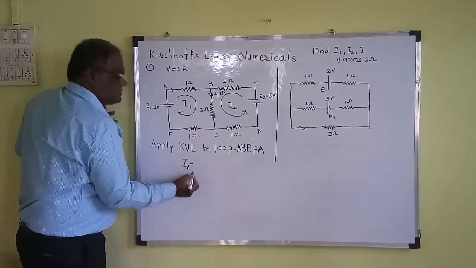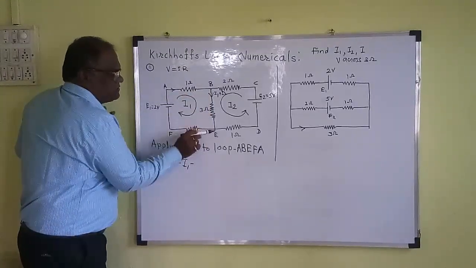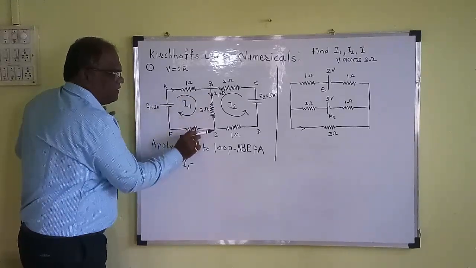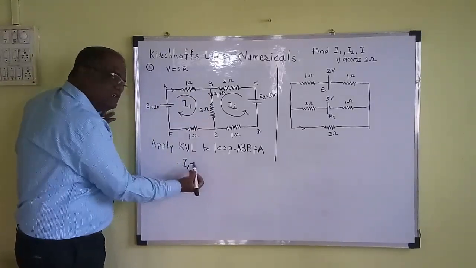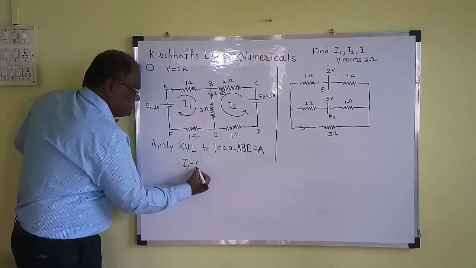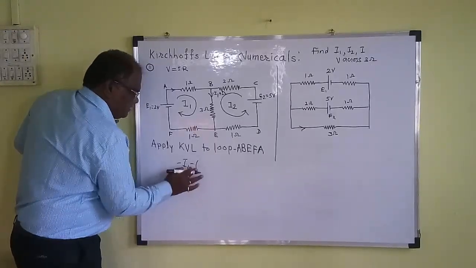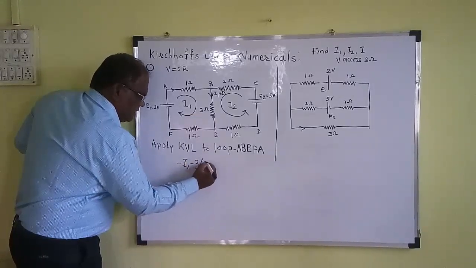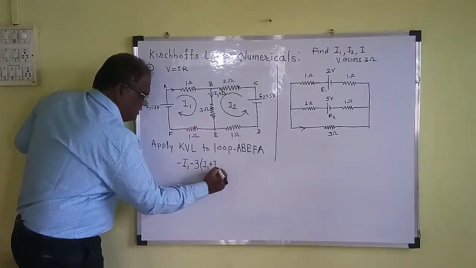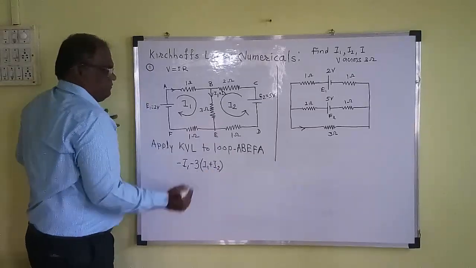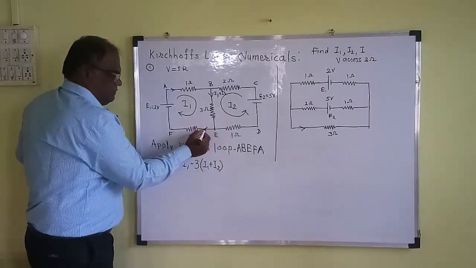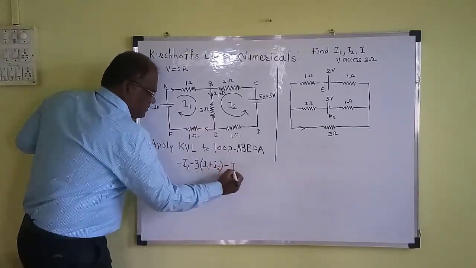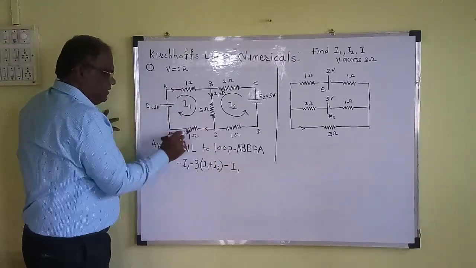Here minus, from B to E, again we are moving in the direction of current, hence the potential difference is negative. Minus 3 times I1 plus I2. Here 1 I1.